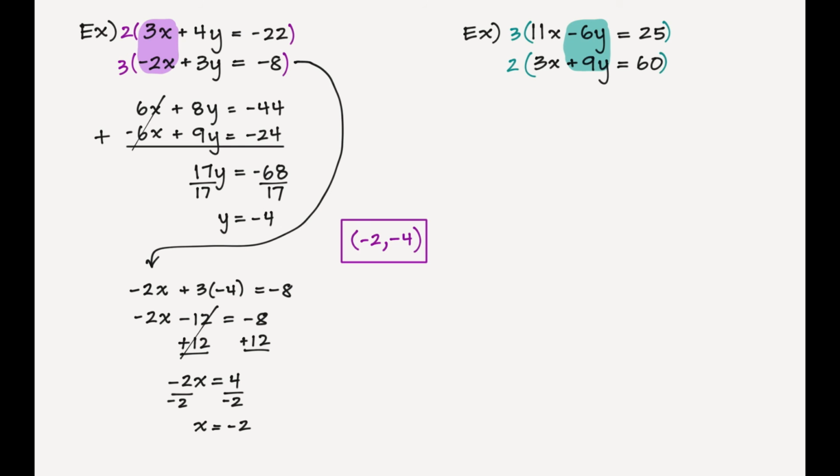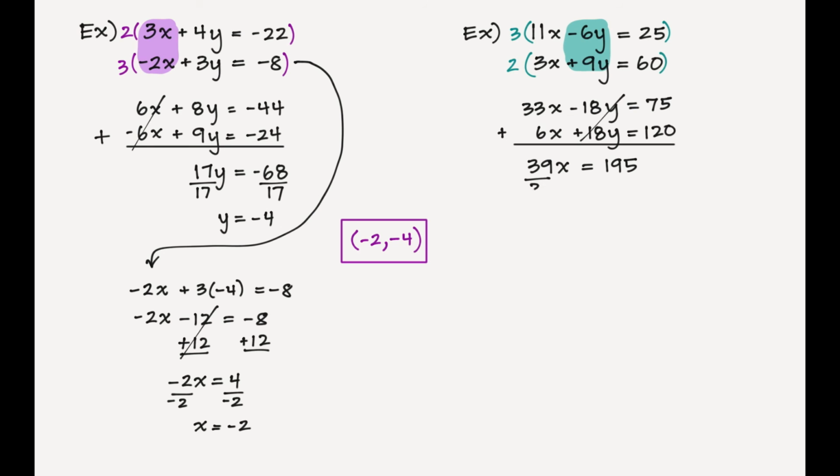So this turns into 33x minus 18y is equal to 75. And then 6x plus 18y is equal to 120. And now I can just add straight down, so that's 39x is equal to 195. When I divide both sides by 39, I find that x is equal to 5.